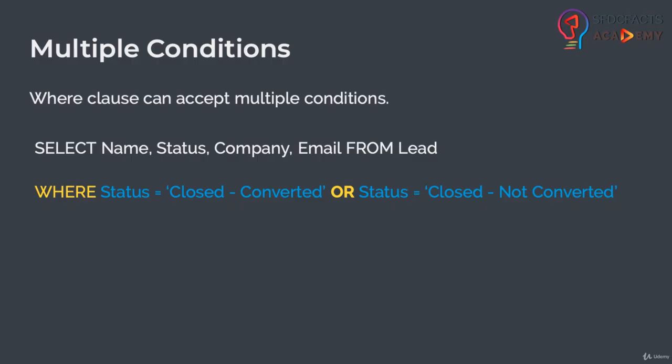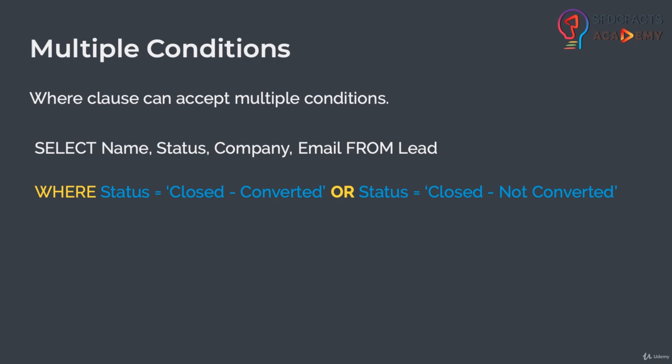So in plain English, it means retrieve all the records from the lead object where status is either equals to closed converted or it is equals to closed not converted. So the OR keyword is simply joining 2 different conditions, and if any of these conditions is true, we are going to retrieve those records.